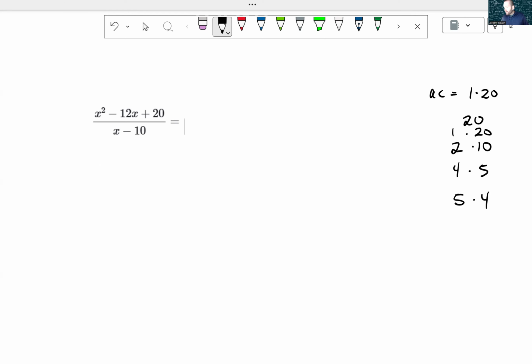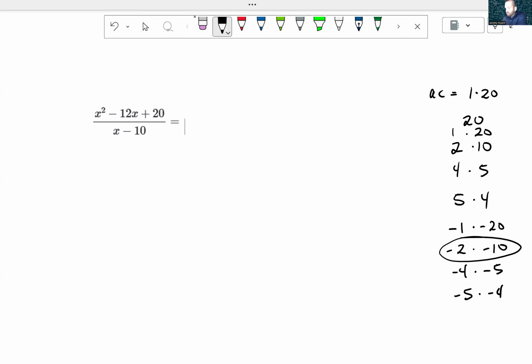And then all the negatives: -1 times -20, -2 times -10, -4 times -5, -5 times -4. Okay, so now we have to figure out which of these, if we added them together, would equal B's value. B is -12. So that would be these two here.